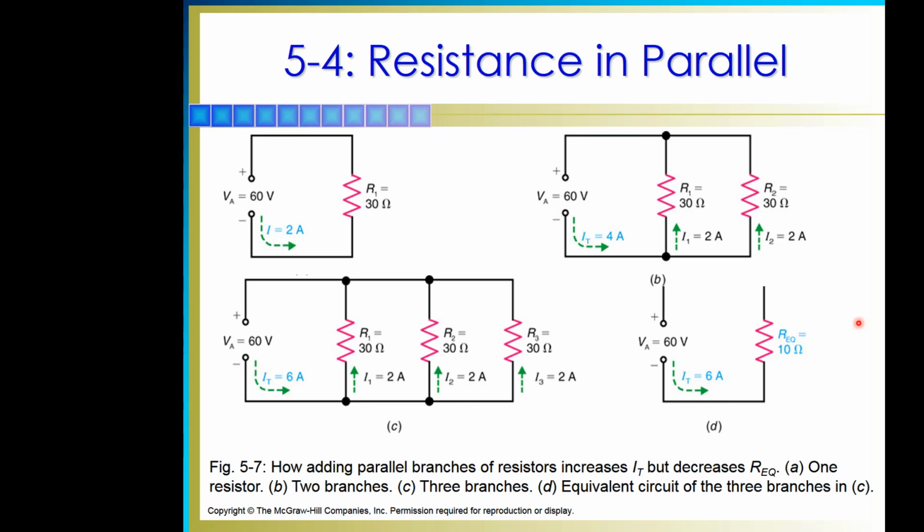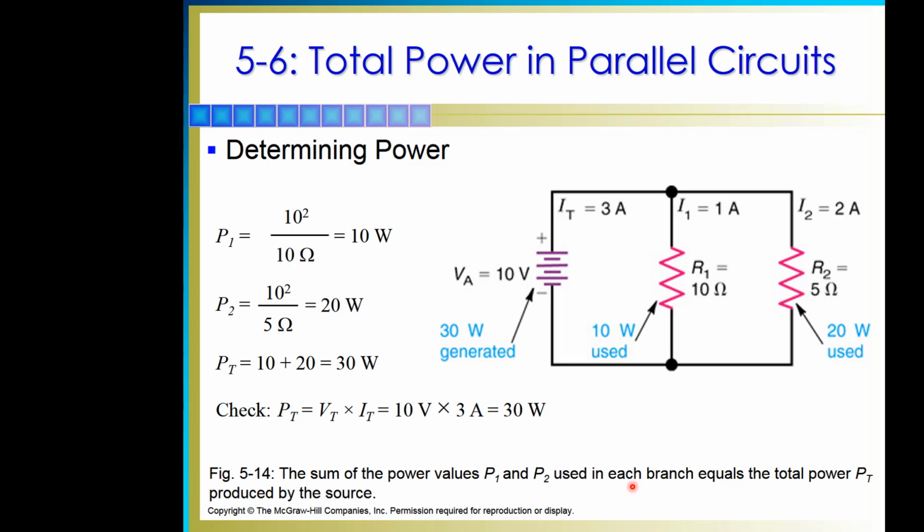And here we can see that when we have 3 30 ohm resistors in parallel, our total equivalent resistance is 10 ohms. So we started with 30, we added 2 more 30s, and our resistance went down. Adding another resistor in parallel causes the resistance to go down, not to increase. Hint, hint, you're going to see that on a quiz or a test in the future.